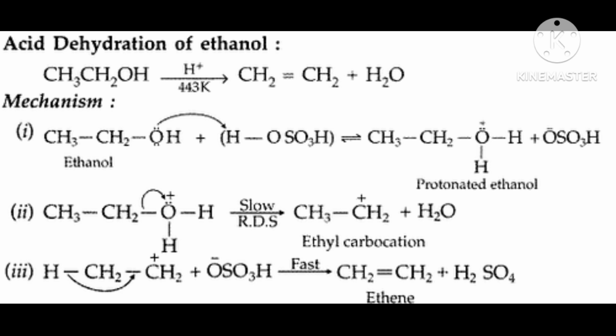Then that OH and H of the second carbon will go as H2O, and that carbon will remain CH2, and the middle central carbon and first carbon will make a double bond.